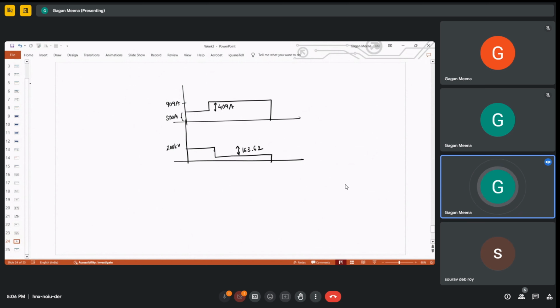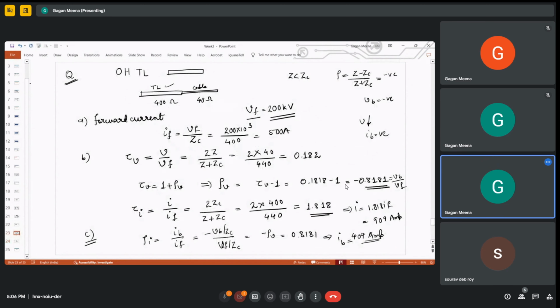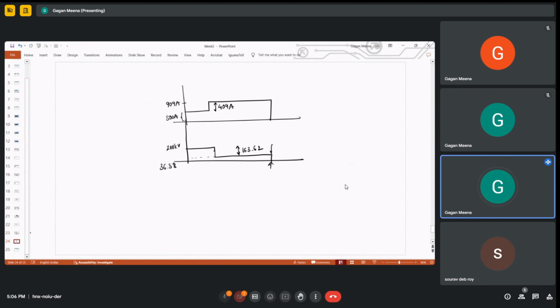So 200 minus 163.62 overall comes out to be 36.38. So this is the V which is transmitted. The transmission coefficient is only 0.182, so it is the same, 36.4. So this voltage is transmitted.